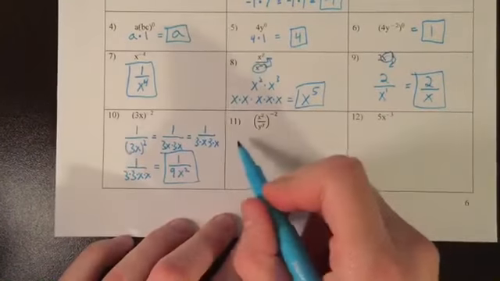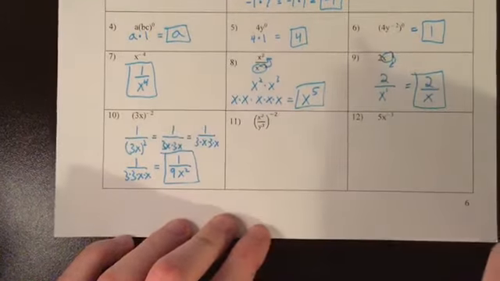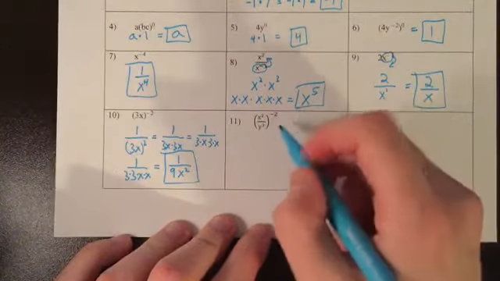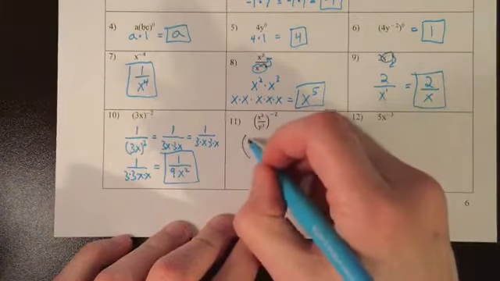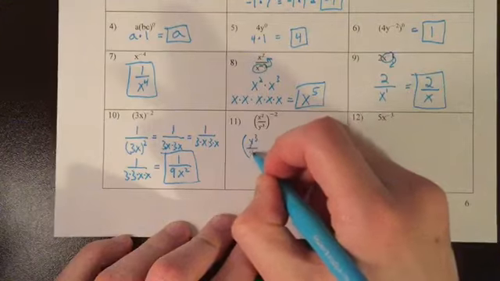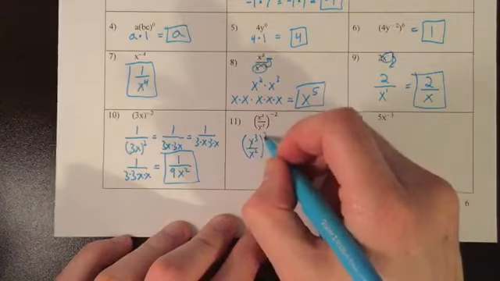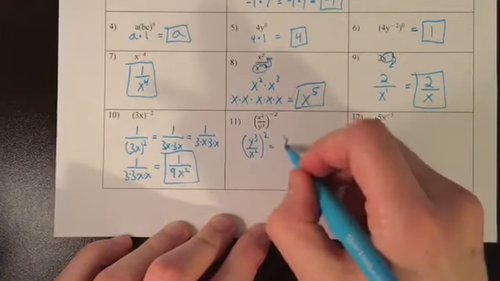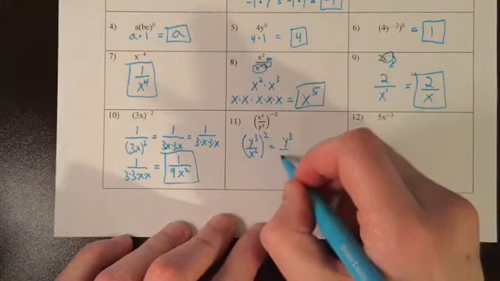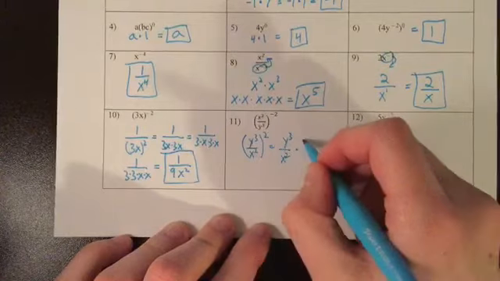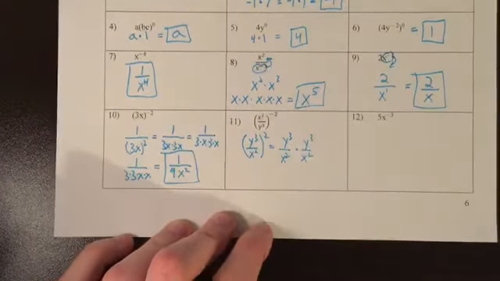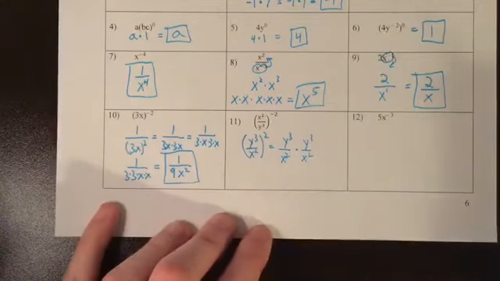Okay. And then 11, fractional base, other exponents in there. All right. So let's flip it. Make our exponents positive. And expand it. That's y to the 3rd over x squared times y to the 3rd over x squared. Interesting. I think we can figure that out.